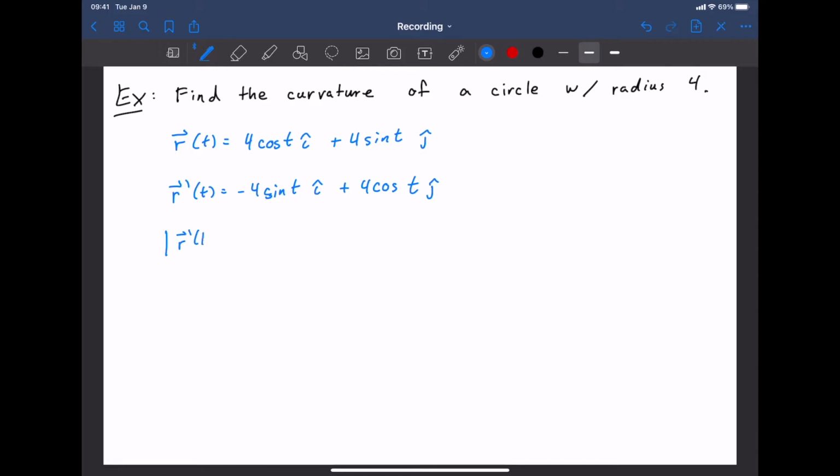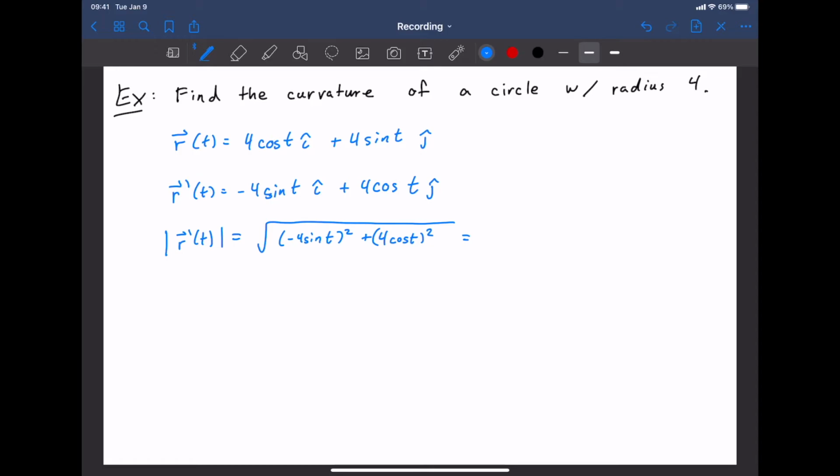But to check your understanding, can you right now find out what the magnitude of that r prime vector is? Pause the video if you don't want to see me go further. So it should be the square root of negative 4 sine t squared plus positive 4 cosine t squared.